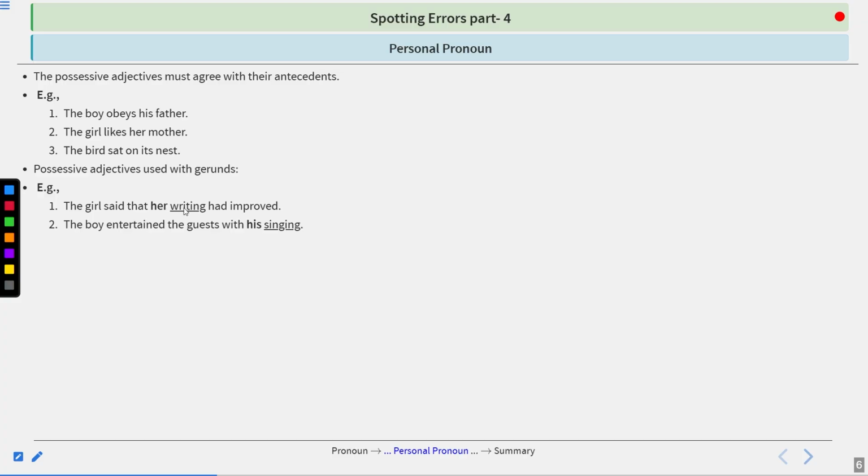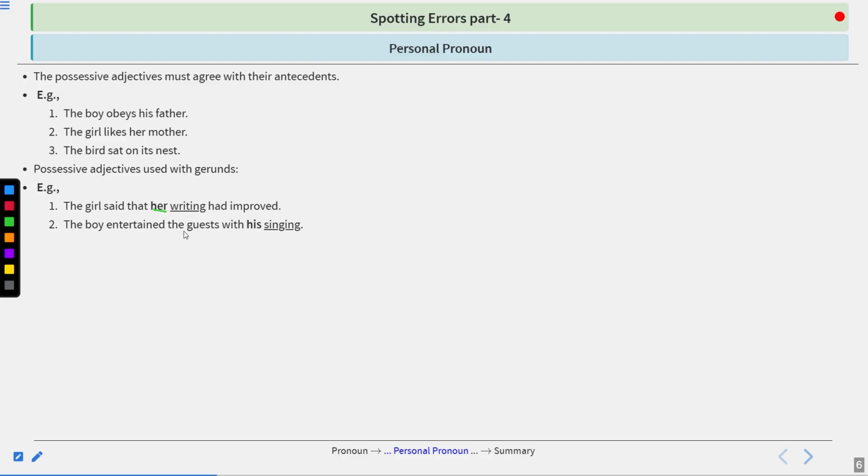So here we have used a gerund which is acting as the subject of the verb had improved. So before gerunds, we use possessive adjectives, not possessive pronouns. Possessive adjectives are her, my, his, its. So here we have used her before a gerund.